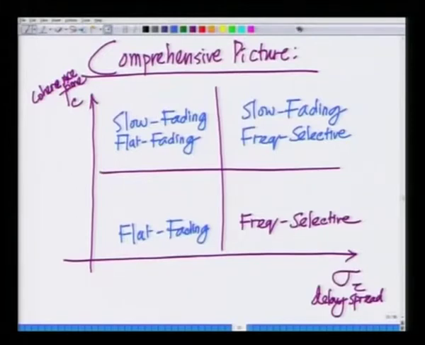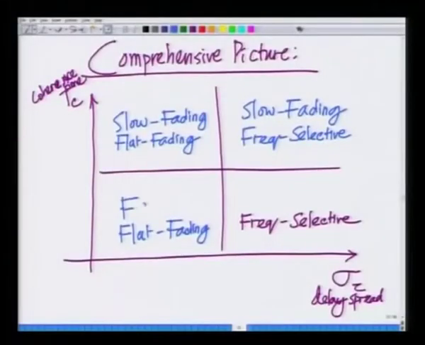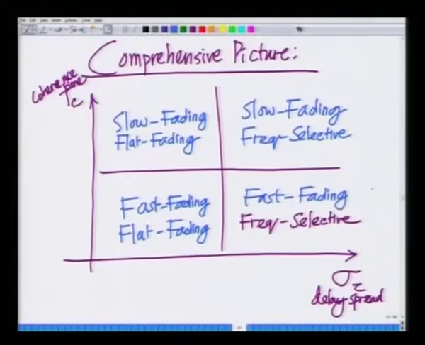Similarly, if coherence time is low, then the channel is varying at a very fast rate, so irrespective of the delay spread, it is fast fading. Also, if the delay spread is large, it results in intersymbol interference. Here there is no ISI.